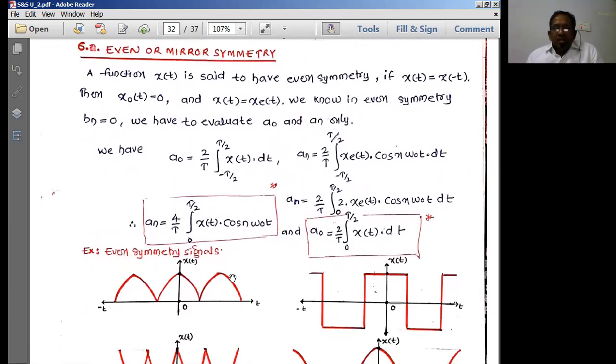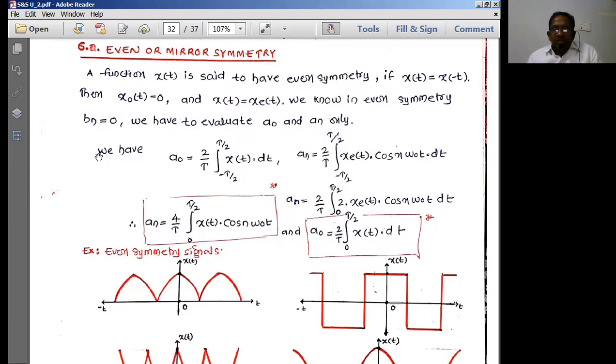So even symmetry, or mirror symmetry, I can say. A function x(t) is said to have even symmetry if x(t) is equal to x(minus t). Therefore, the odd function representation of the signal is equal to 0. Either the signal is going to be even or the signal is going to be odd.